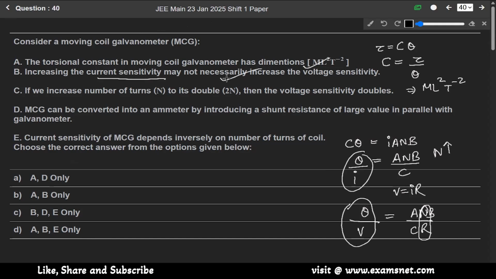And the third one: if we increase the number of turns n to double, to 2n, then the voltage sensitivity doubles.